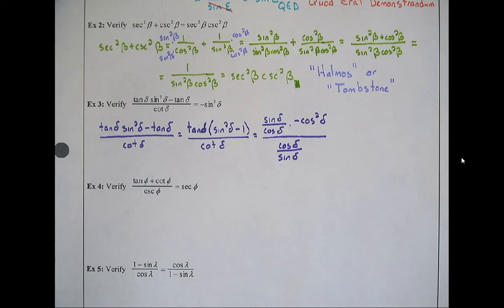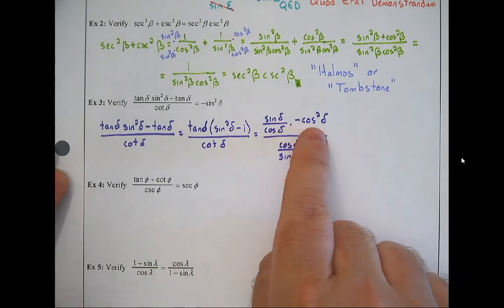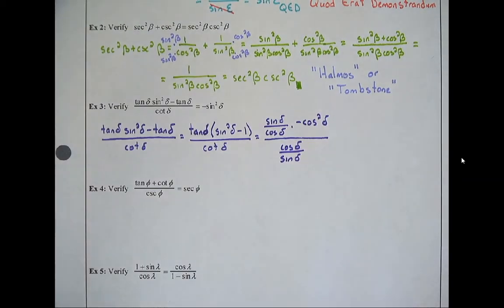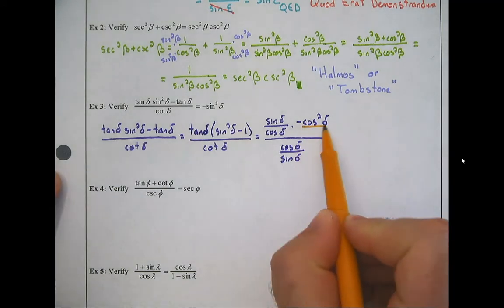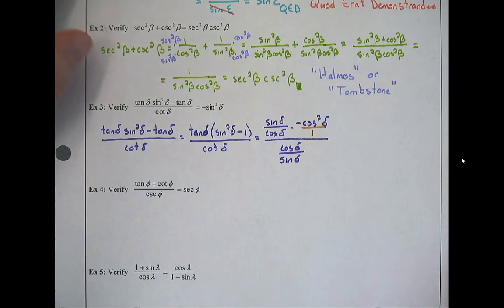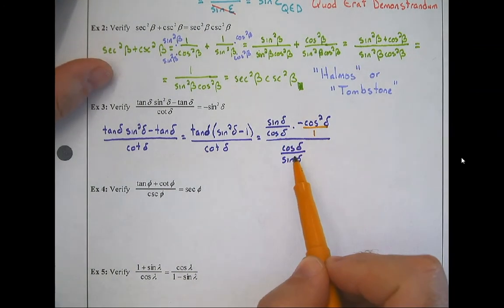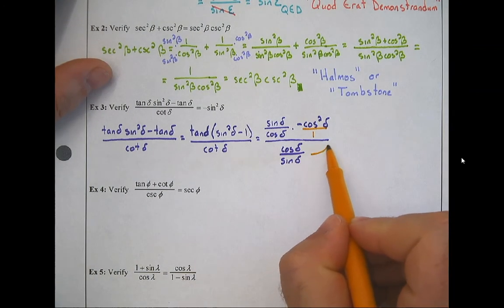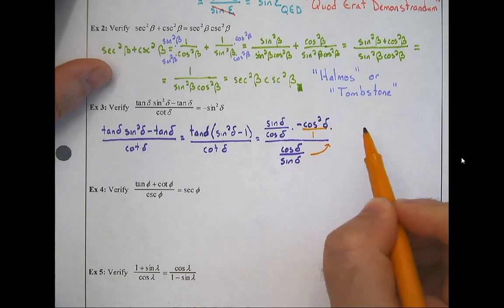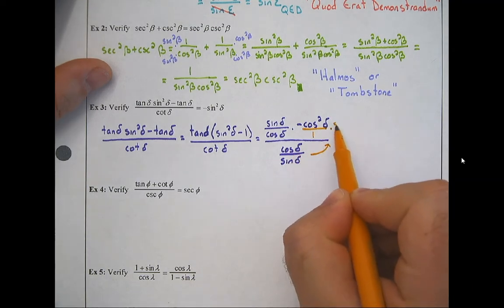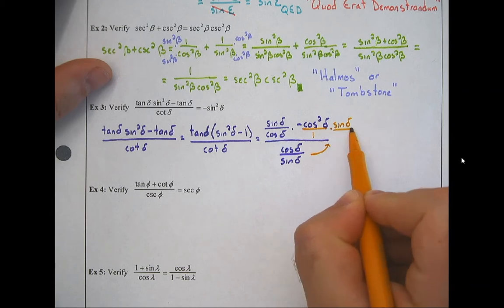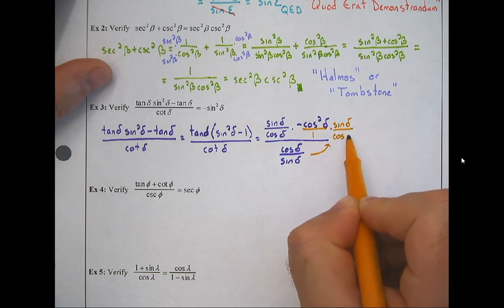From here, I'm going to put these two together. Multiplication of, this should be a fraction. Once I put them together, though, I'm still going to have to divide by this. So let's go ahead and flip and multiply right now. So when I flip and multiply, the sine is going to be on the top over the cosine on the bottom.